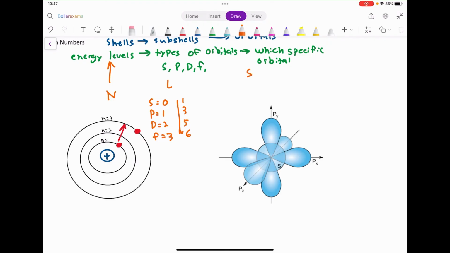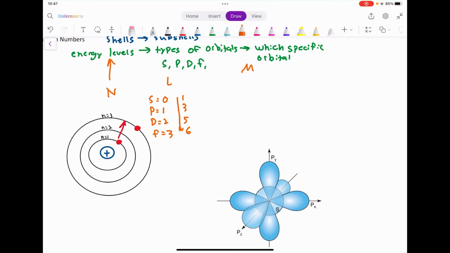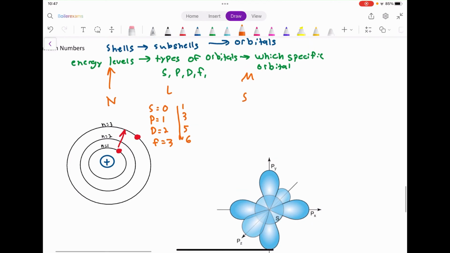Okay, so for S, and this is the M quantum number, the M numbers it could take are 0. So there's only 1, and then P can take -1, 0, or 1. D, we know it has 5, so it can take -2, -1, 0, 1, or 2. And then F can take -3, -2, -1, etc.